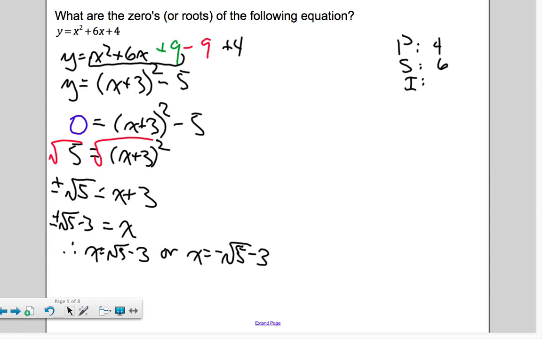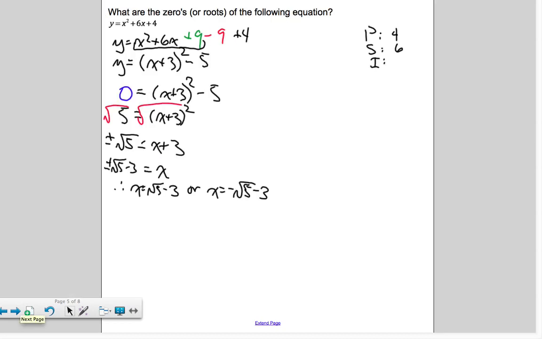It's plus the square root of 5 minus 3, or the negative square root of 5 minus 3. We still have two answers, okay? Actually, this is better written as x is equal to negative 3 plus the square root of 5, or negative 3 minus the square root of 5.